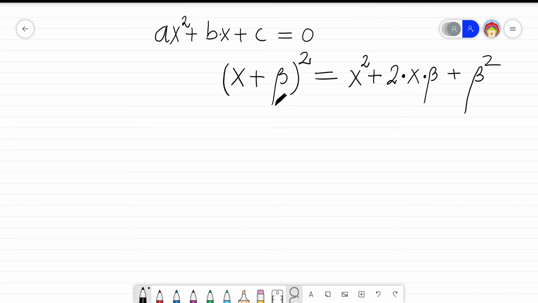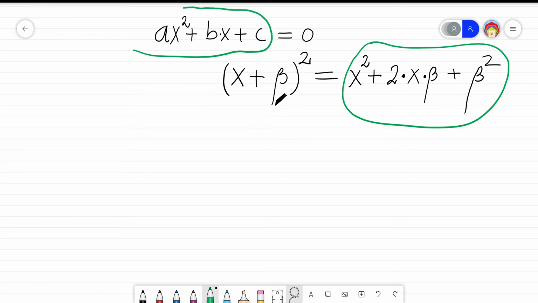Now, I want to compare this with the general expression for a quadratic equation. The main thing is I got the x squared and I got the x. This is the most important thing. So I'm going to do a few changes in here to become something which I can easily write as a square of a sum.